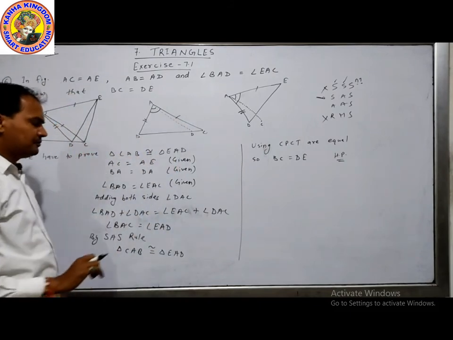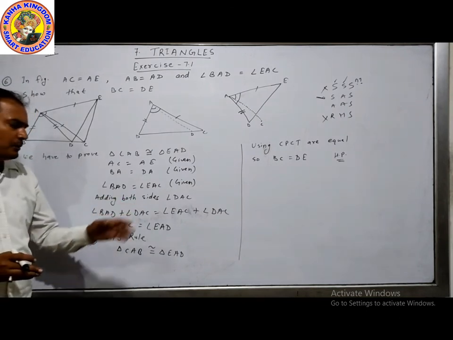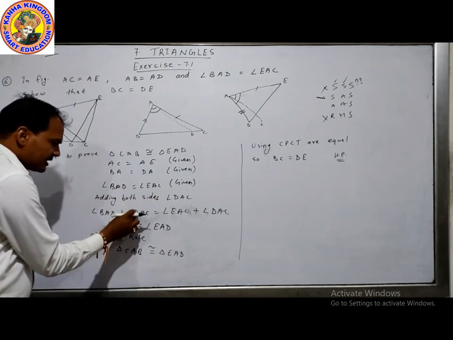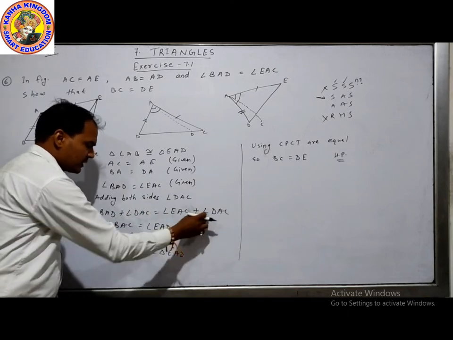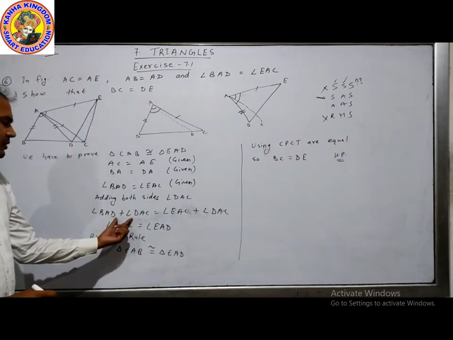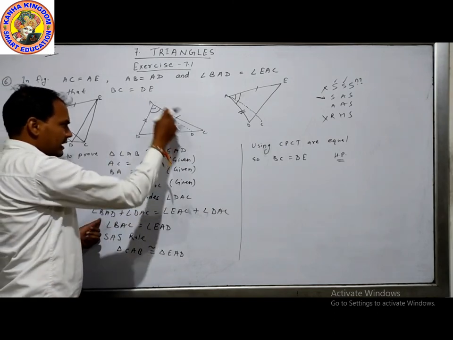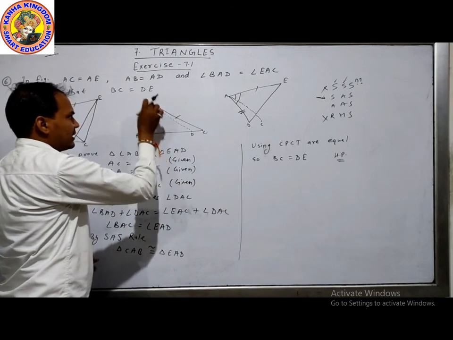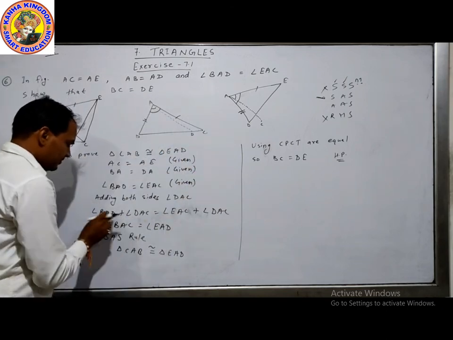There is a common angle. We add this angle in both sides, left hand side and right hand side. So we add this DAC angle on both sides. When adding these two angles, BAD and DAC, the complete angle A is named BAC.